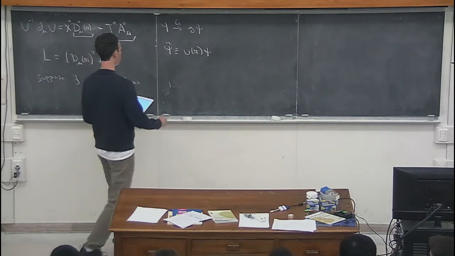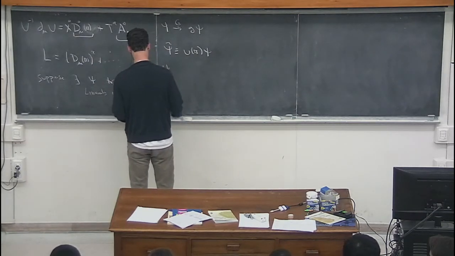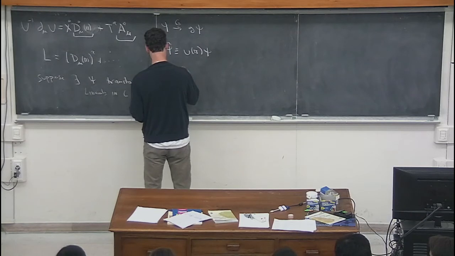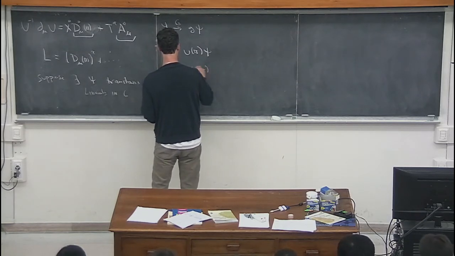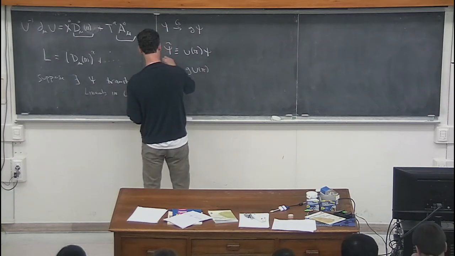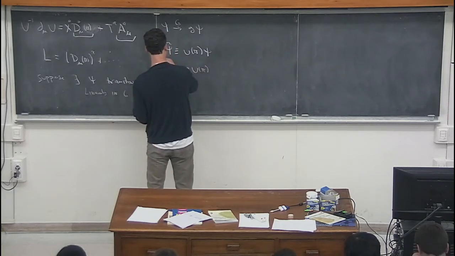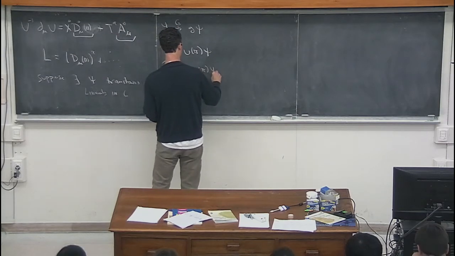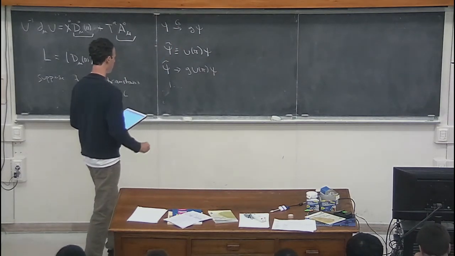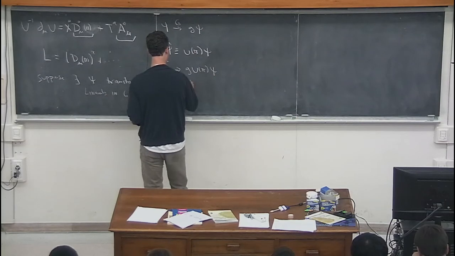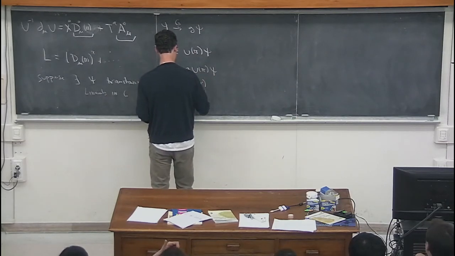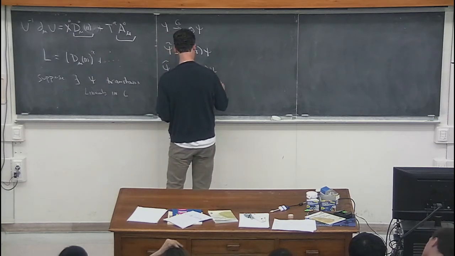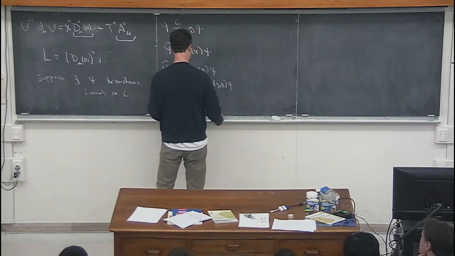Then under G, psi twiddle goes to G u of pi psi. But we know that G u of pi is u of pi prime times H of G and pi.